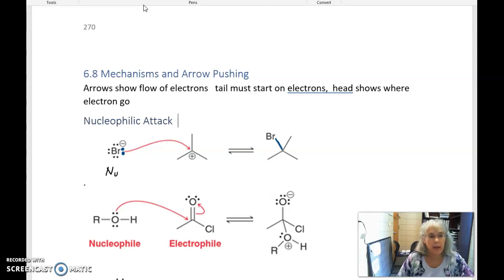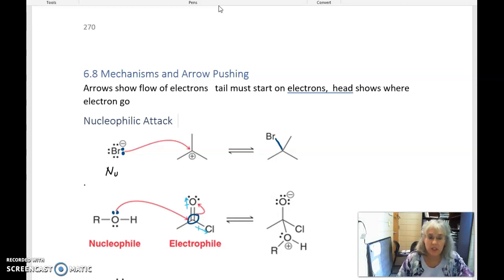So here we've got a different example, also a nucleophilic attack. We've got electrons right here that are going to attack this electrophilic center. It's electrophilic because the electron density is being pulled away. We've got a dipole here, also a dipole here.